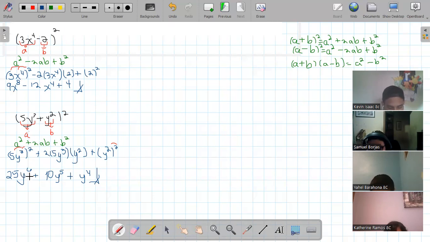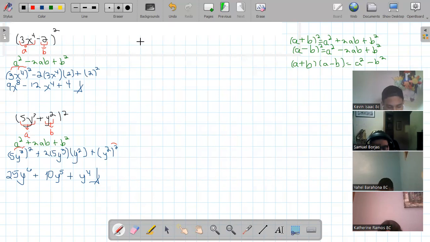Like in this case, it's y in the first term, y in the second term, y in the third term. So we pick the one with the smallest exponent as part of our GCF. Sometimes our GCF is just a variable alone. Sometimes it's a variable with an exponent. And sometimes that variable also has a coefficient. Okay, are we clear with that?